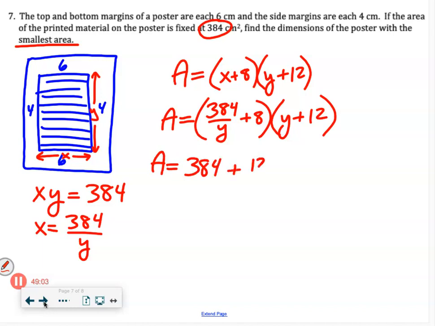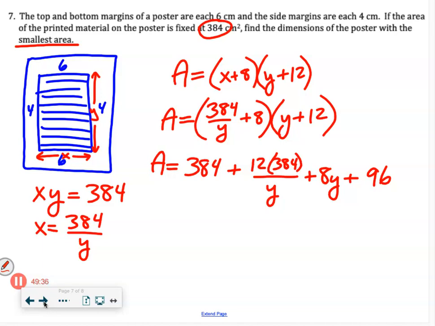Plus 12 times 384 over Y, plus 8Y, plus 8 times 12, which is 96. All right. Notice I don't multiply out the 12 times 384. There's no need to. And a lot of times when you multiply out your numbers, you just end up dividing stuff out anyway, and so you've multiplied for nothing. So don't spend time multiplying multi-digit numbers together. You're just wasting your time.